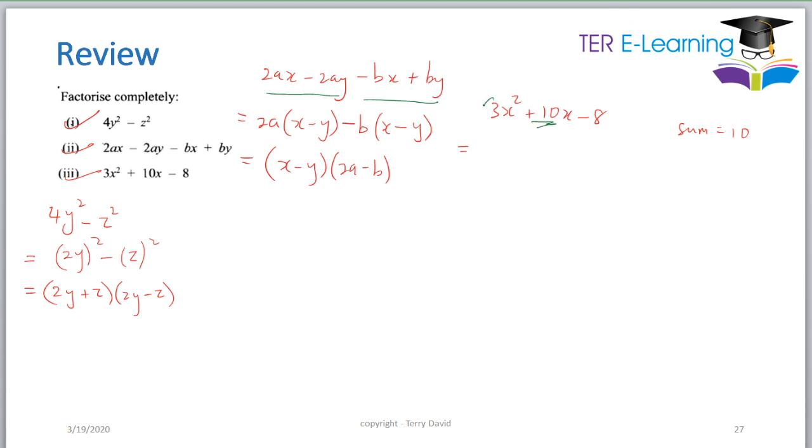And to get the product, it's this multiplied by this. So my product is equal to minus 8 multiplied by 3, which is minus 24. Alright? So can somebody tell me what two numbers we are looking for there?